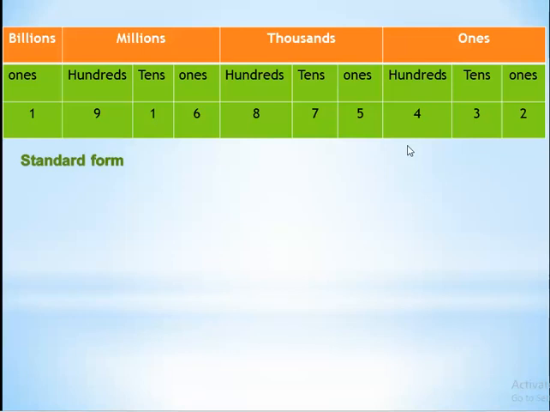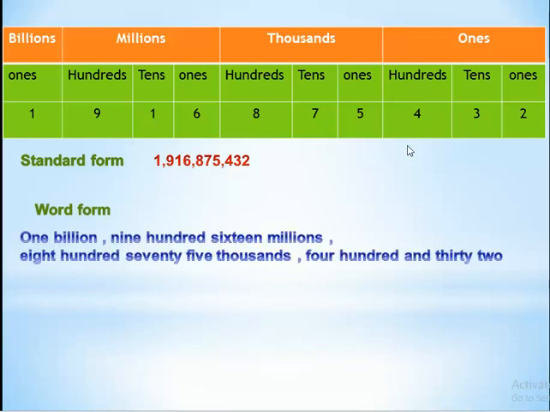875,432. Standard form for this number, we will put the digits. Word form, we will write it in letters. 1,916,875,432.